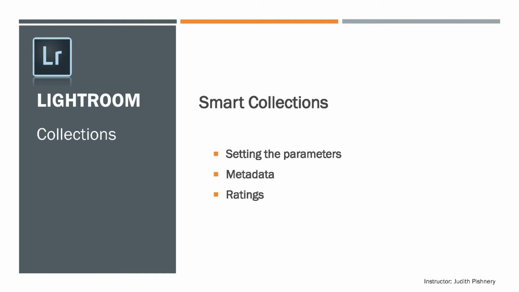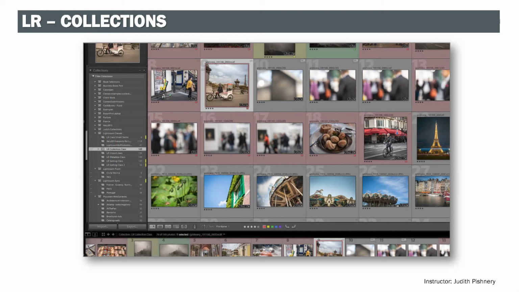Okay, so which makes it really easy if you're trying to find something or gather a bunch of images that might have a specific star rating or color or keyword or camera or lens or whatever metadata you want to find it by. You can set that up for a smart collection to find it. Okay. All right, so let's move on and actually look at this.